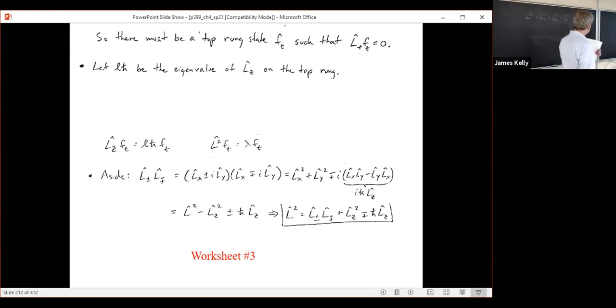Problem 3 says, suppose we have checked that this identity is true. Use it to show that if we are on a ladder of definite angular momentum states, in other words, we're on that ladder with a maximum Lz value of l times h bar, then we can express L squared for this ladder in terms of l.